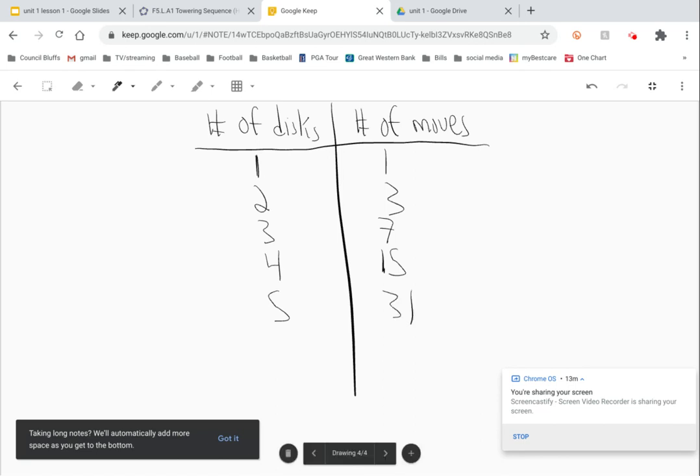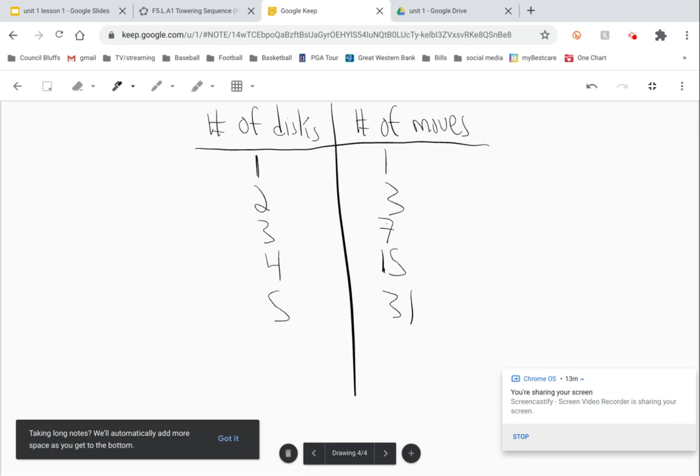And what I asked you to do is notice any patterns between the number of moves. Hopefully you notice that we start at 1 and each number after that is double the previous plus 1. 1 more than double.